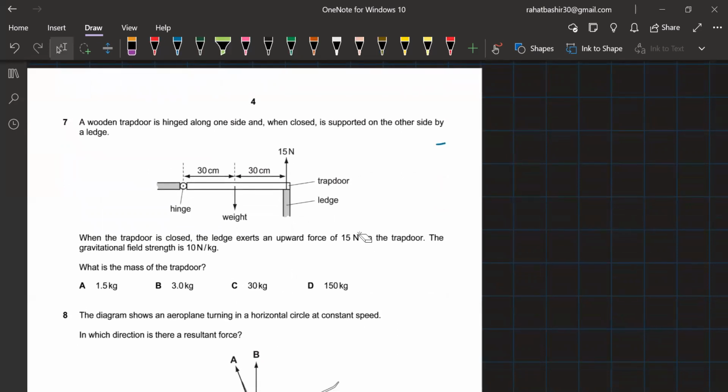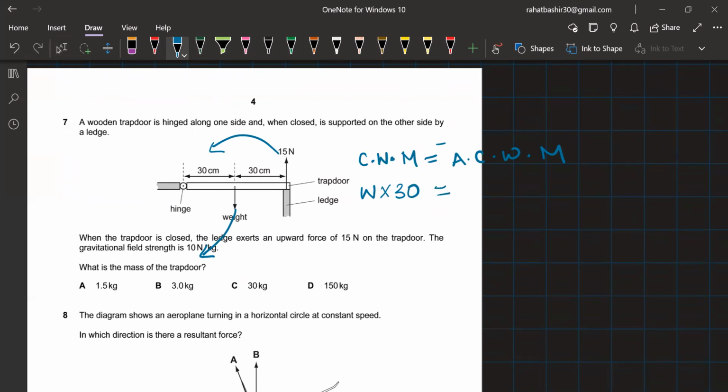So here's the hinge. So this is the clockwise moment and here's the anti-clockwise moment. So there's this formula that clockwise moment is equal to anti-clockwise moment. So clockwise moment is weight, which is unknown, multiplied by 30 centimeters.